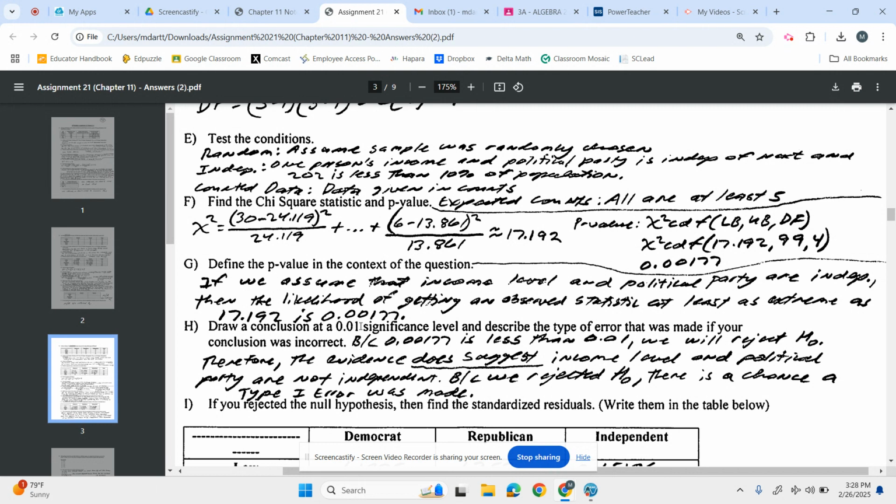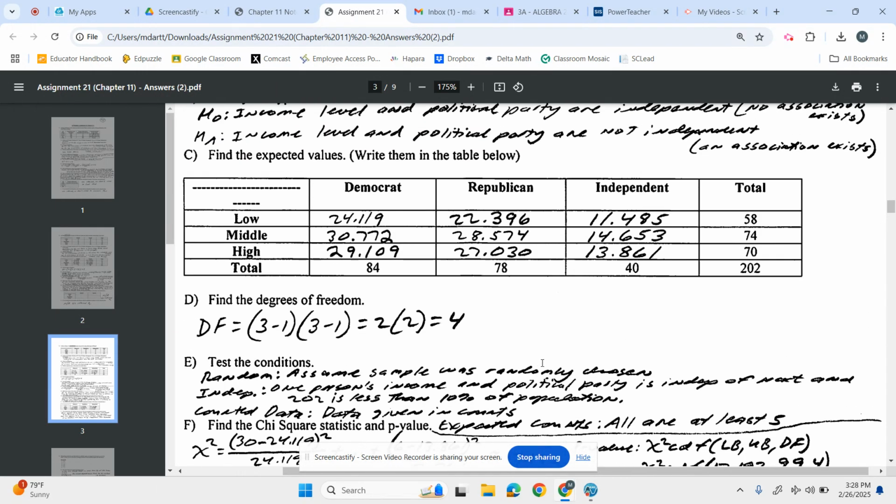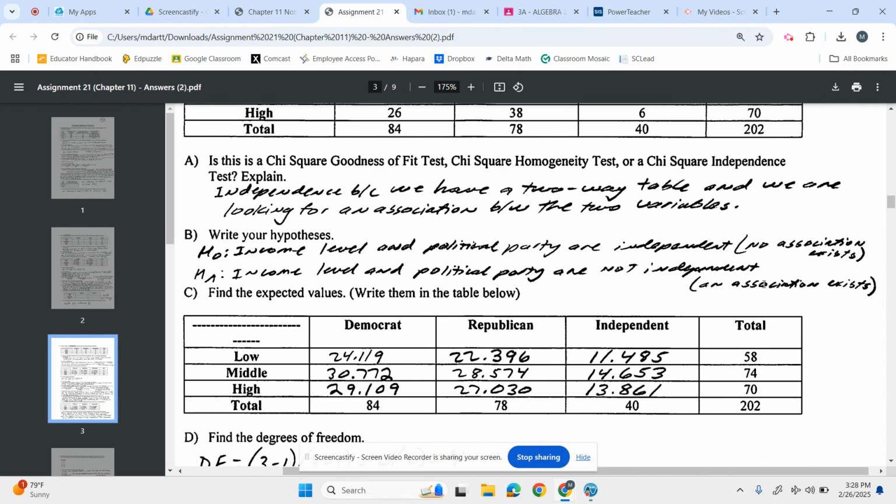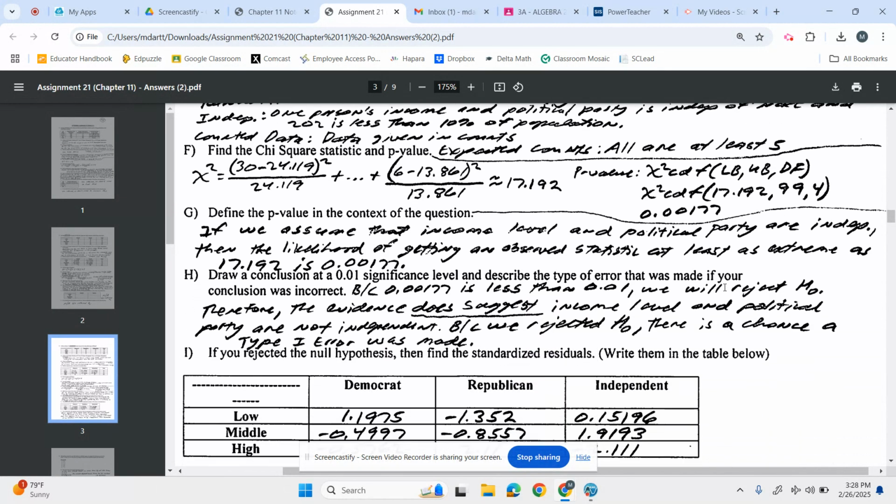Our conclusion at a 0.01: because this time our p-value is less than 0.01, we'll reject, which means that the evidence does suggest the alternative, which is that they're not independent, or you could say that there is an association. Therefore, the evidence does suggest that income level and political party are not independent. Now, since we rejected, that means there's a chance of a type 1 error. In fact, it's our alpha level of 0.01.